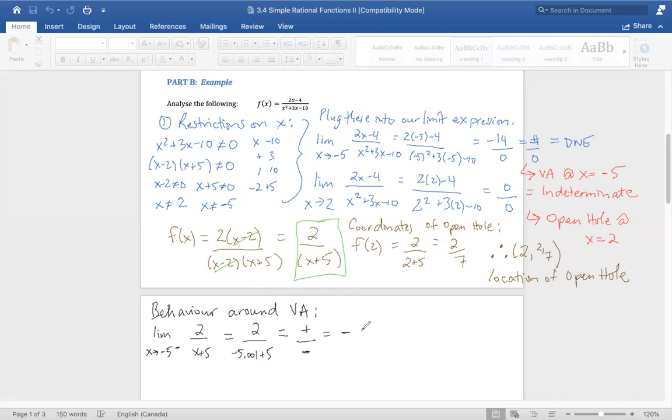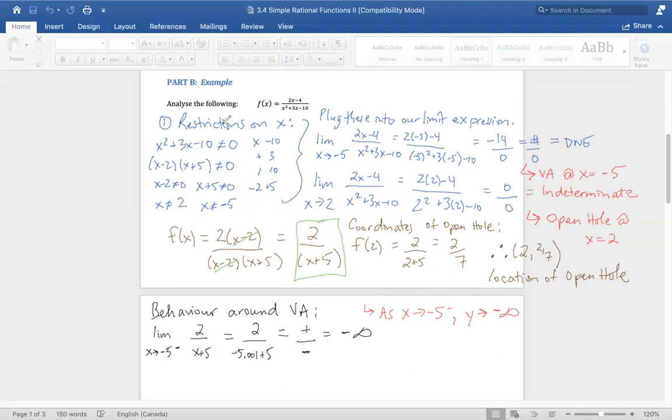So what that means is that we would be approaching negative infinity. So just to write that out here, as x is approaching -5 from the left, my y value is approaching negative infinity. So that will help us when we graph, right?